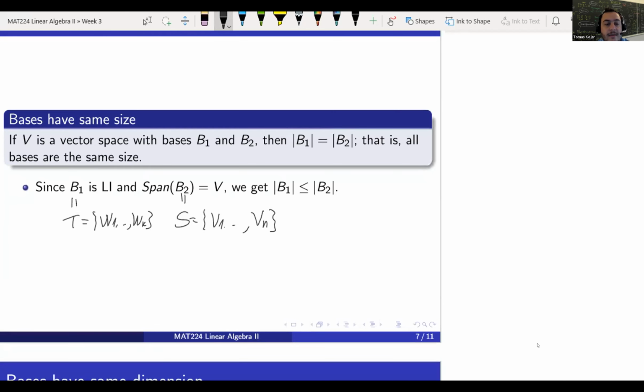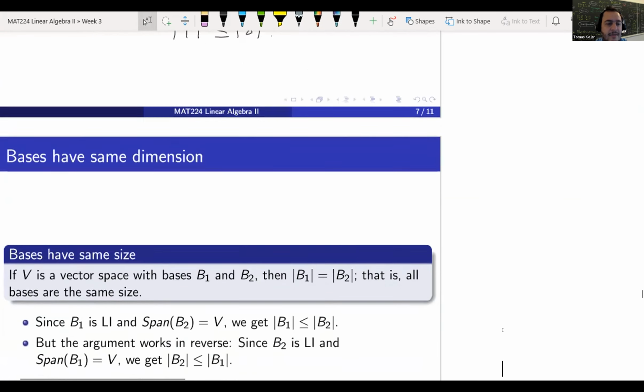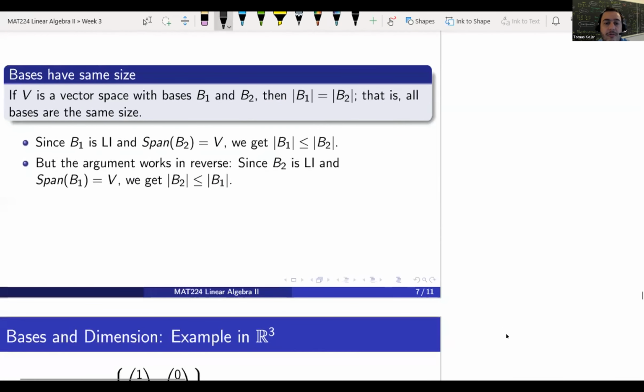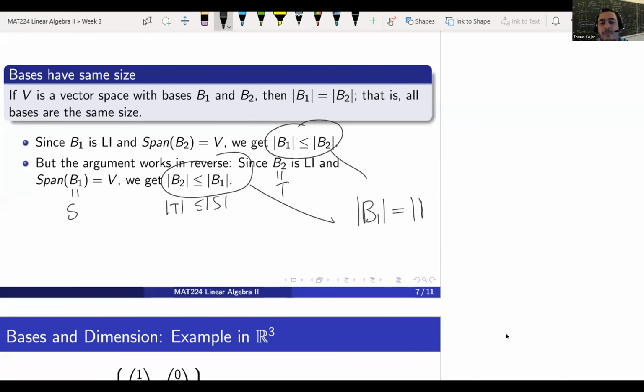And we showed that the cardinality of T is less than or equal to the cardinality of S by doing that replacement. So we get that the size of B1 is less than or equal to the size of B2, but you can play this game the other way. You can now call this one T and this one S, and again you have T less than or equal to S. You put these two together, and you get that B1 is equal to B2. Is that okay?